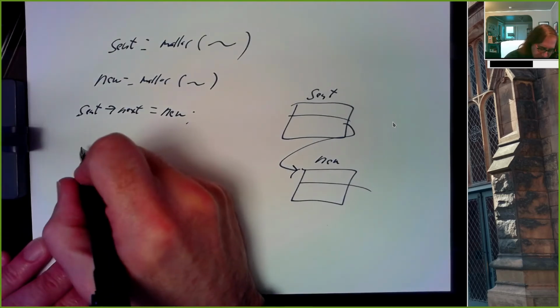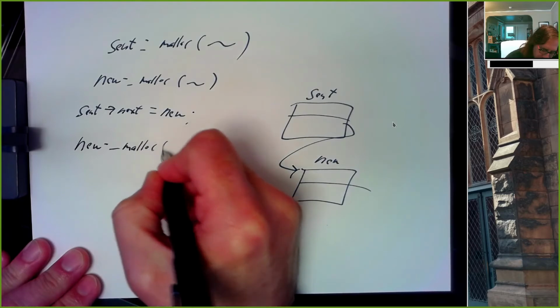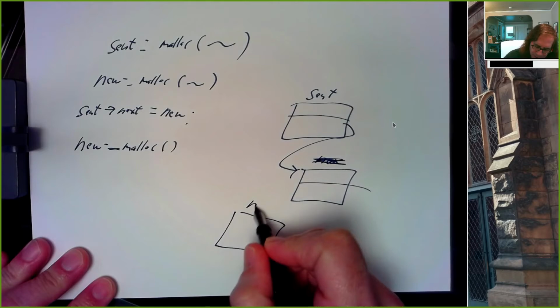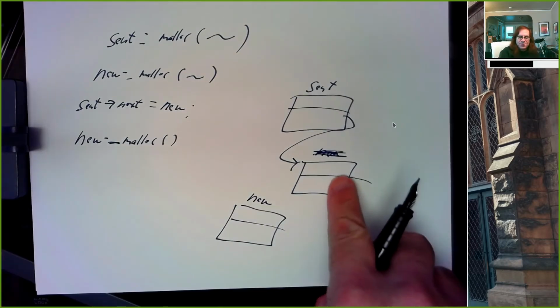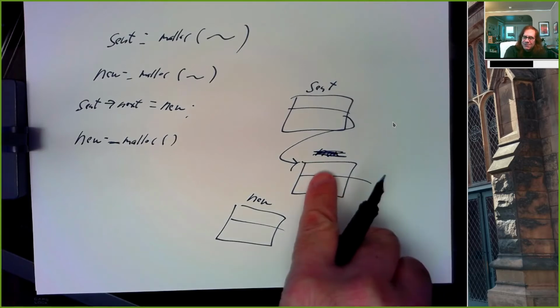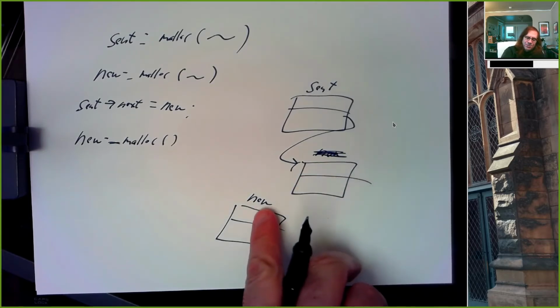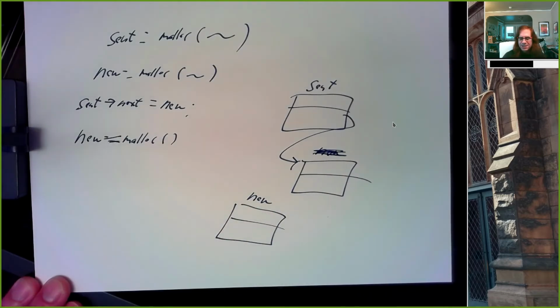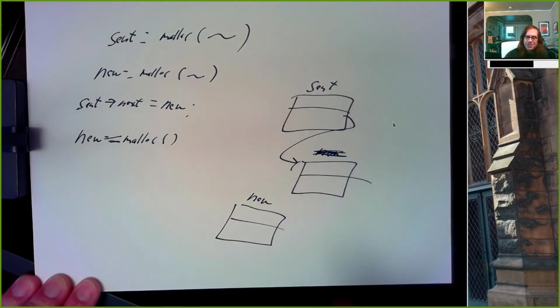I could say new equals malloc, and now this is no longer new. New is some other block of memory, but this block still exists. I don't have a variable that refers to it. I changed the variable new to point to this new block when I said new equals malloc again. But I haven't lost this block. It's being pointed to by the sentinel.